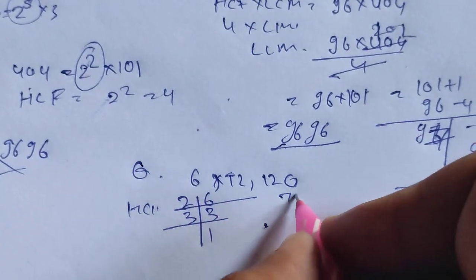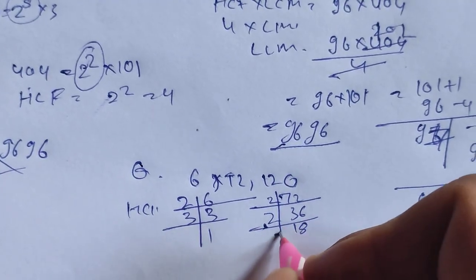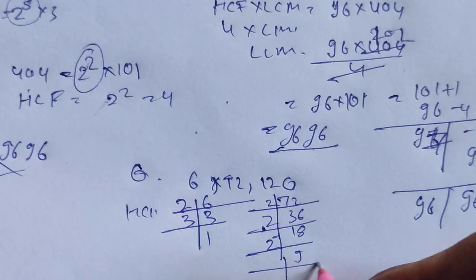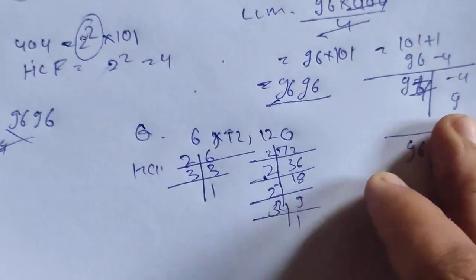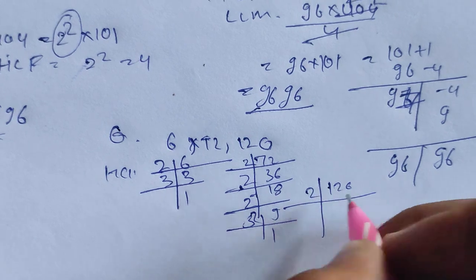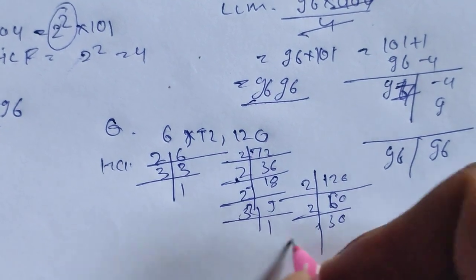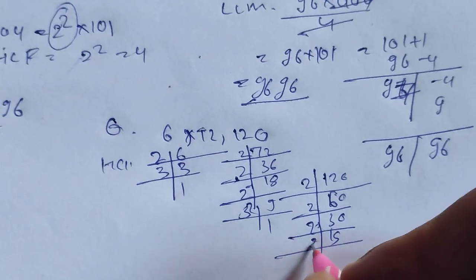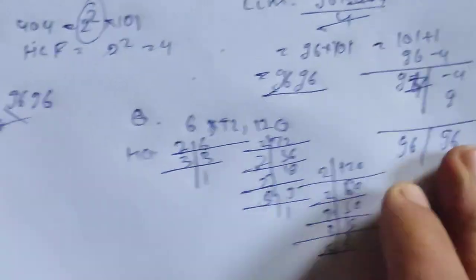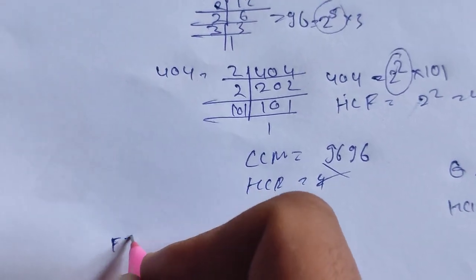For 72 we get 2, 36, 2, 18, 2, 9, and 3 squared. For 120 we get 2, 60, 2, 30, 2, 15, 3, 5, and 5. So this is our prime factorization according to the FTA.